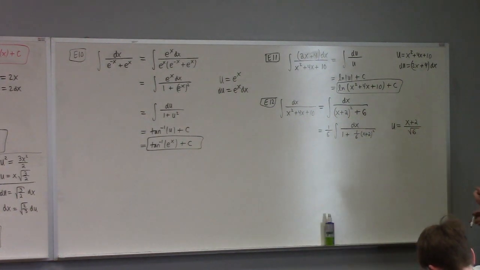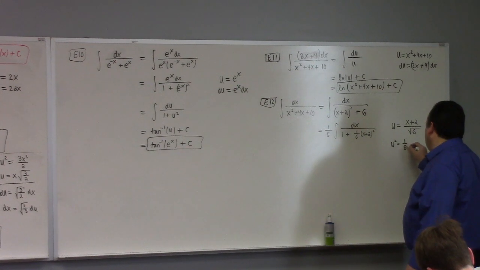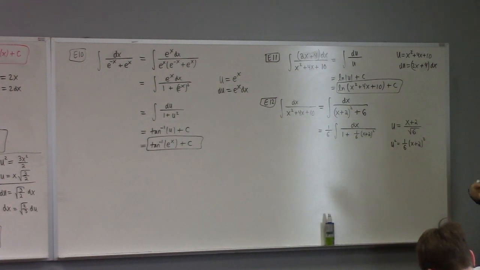See, because then u squared is 1/6 of x plus 2 squared, right? So that's the substitution I need to make in order to make the denominator have explicitly the form 1 plus u squared, which is our inverse tangent integral.